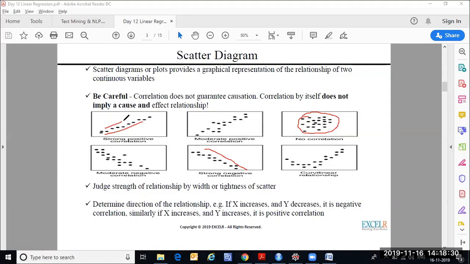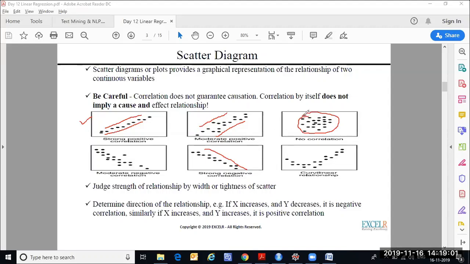Strength means if the scatter between the data points is very small, they are tightly coupled, like what you are seeing here. That means it's a perfect or very strong relationship. And when the data is spread like this, the spread is more, that means it's a moderate relationship between the two variables.